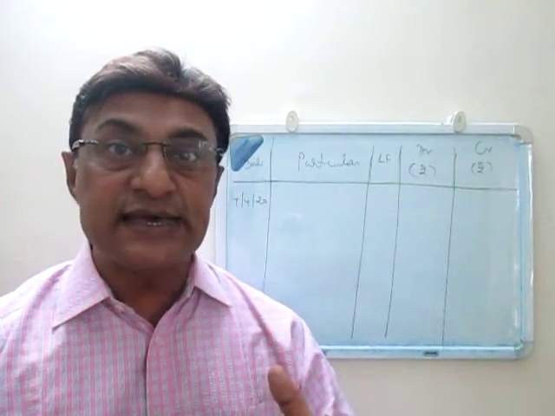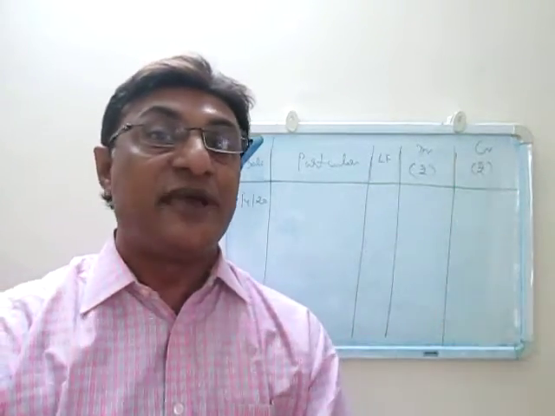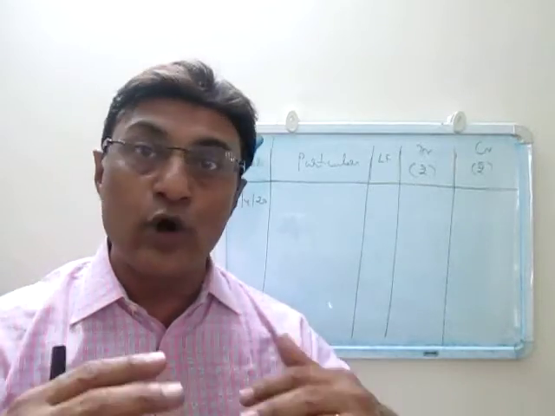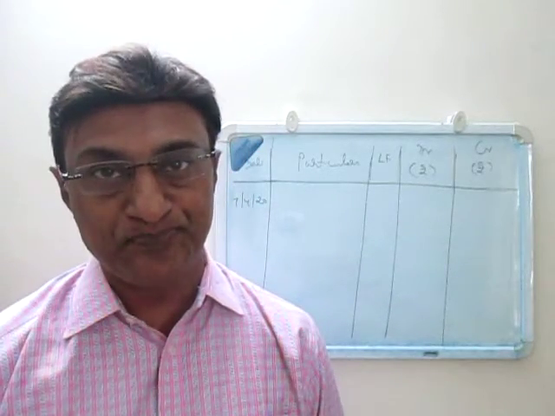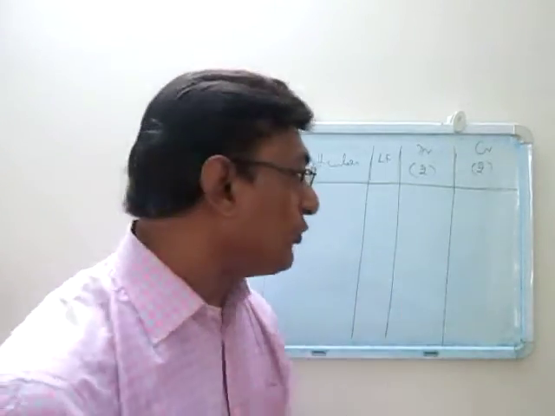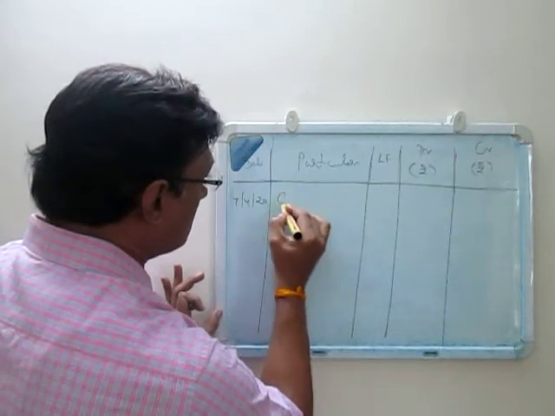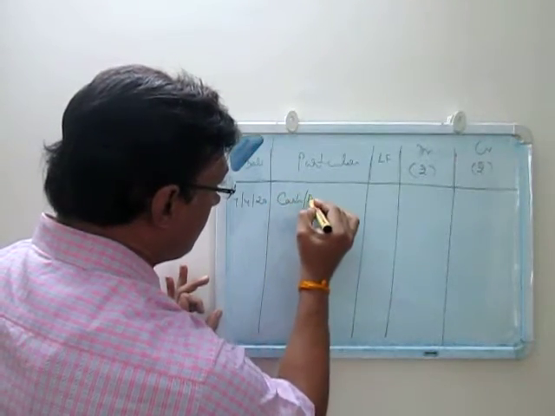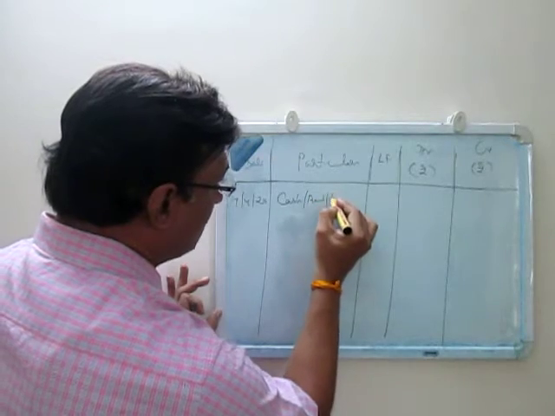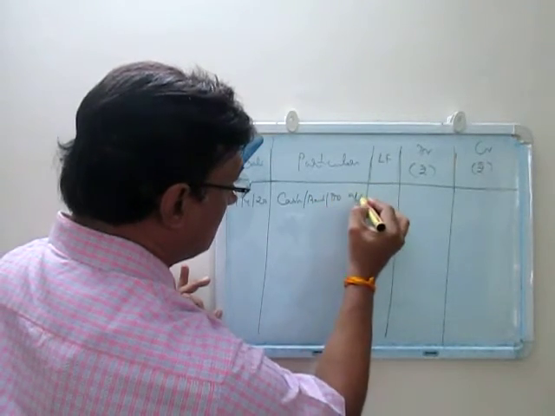Now in this case, naturally GST has to be credited. It will be called output GST. So now what would be debited? Cash, bank, or debtors account debtor.